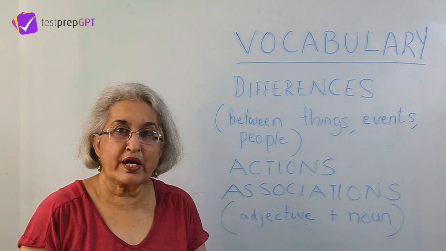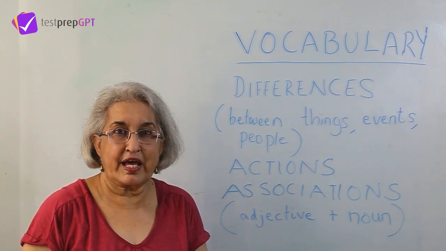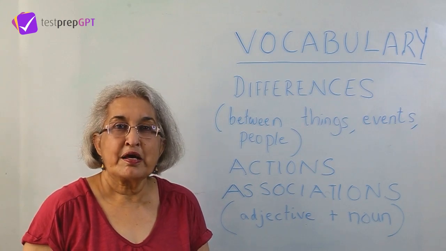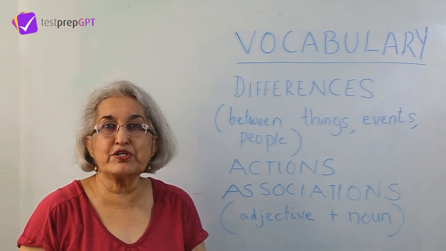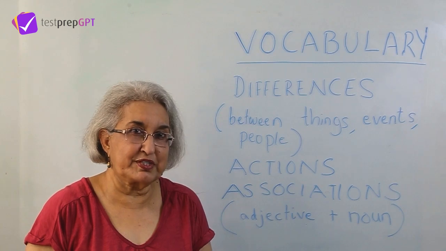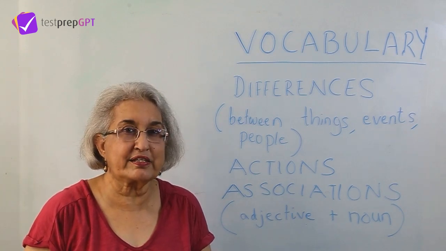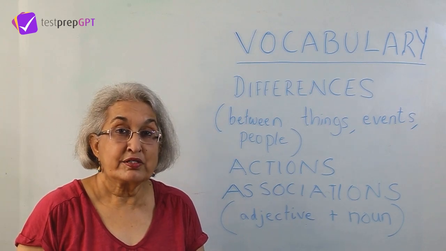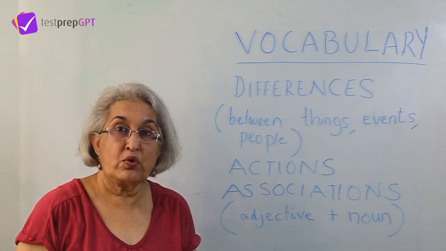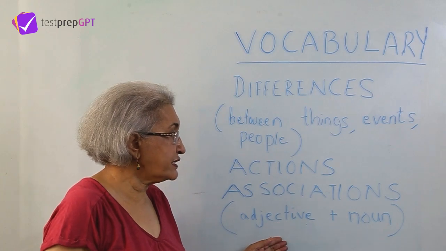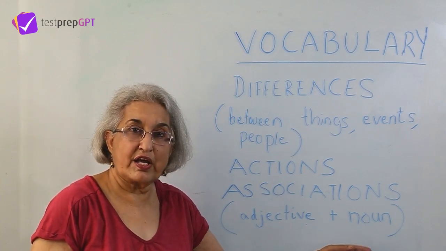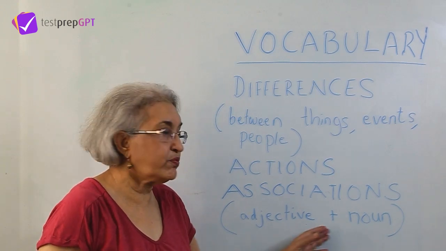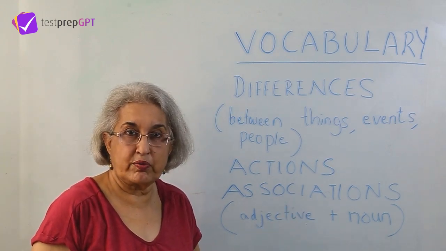So for person, you can use both the adjectives like happy and interesting, but for book, you cannot use both those adjectives. You can only use an adjective like interesting. You can't use an adjective like happy. So this is just an example to show that different kinds of adjectives will go with different kinds of nouns. And these are what we call the combinations of the words or associations of words.